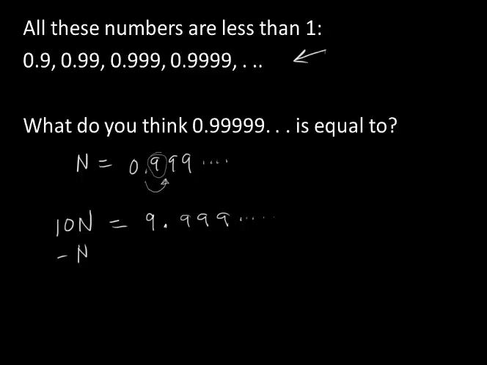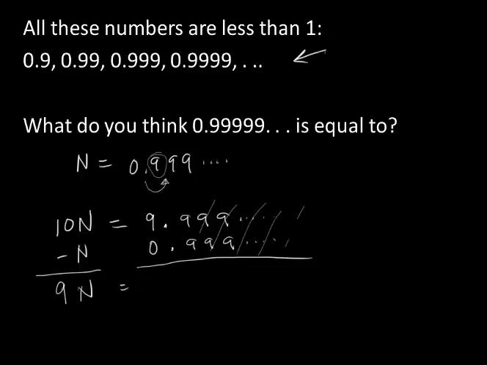In other words, I'm going to subtract 0.999 repeating, and I get 9n is equal to, and now look what happens here. All of the decimal part of the number drops out, and I get 9n is equal to 9, and this tells us for sure that n is 9 over 9, or 1. So this number is equal to 1.